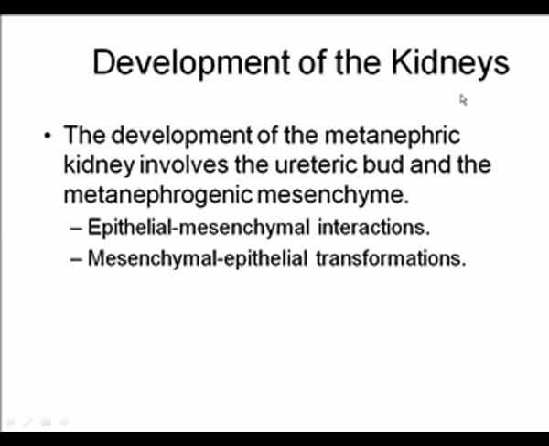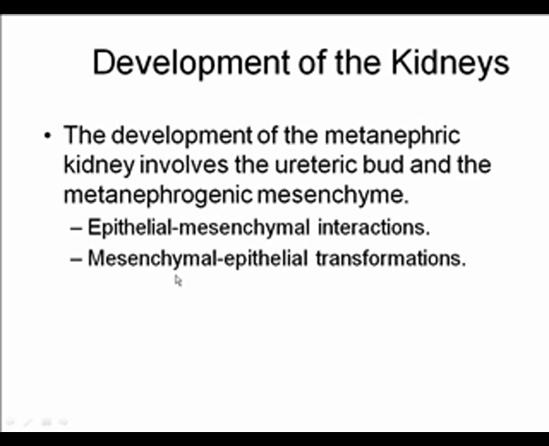When we talk about the development of the kidney, we can talk about several different processes that occur. When we talk about the interaction of the ureteric bud and the metanephrogenic mesenchyme, we're talking about epithelial mesenchymal interactions. Now, the first thing you're going to say is, well, we have just intermediate mesoderm here. And that's correct.